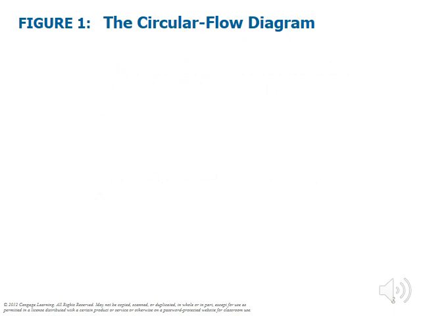Figure 1, the circular flow diagram. We've got firms, we've got households. Households can be characterized as those entities which own the factors of production, such as labor, and then sell or rent them to firms so that they can be used in production.